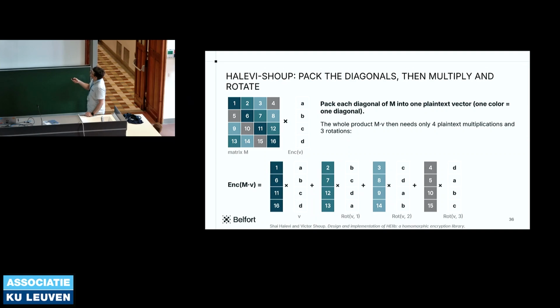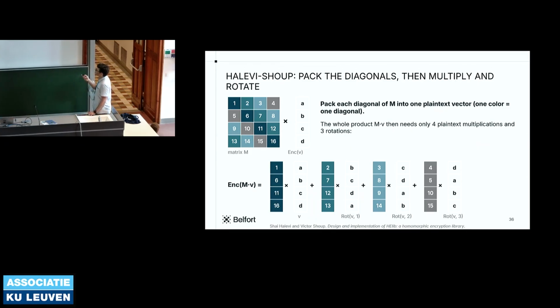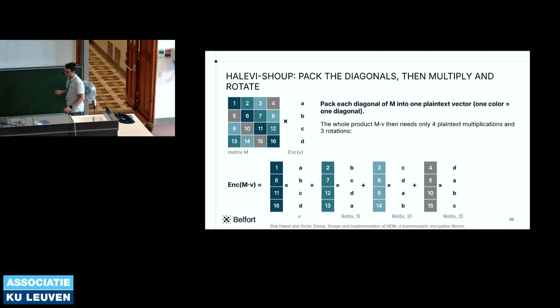Instead of packing row-wise like this, I'm going to pack by diagonals. If you work out the linear algebra, you're going to see that I can just rotate my ciphertext, multiply by the diagonals, and if I add these results, I'm going to get the vector that I'm interested in, which is the matrix vector multiplication. And this turns out to be much cheaper.